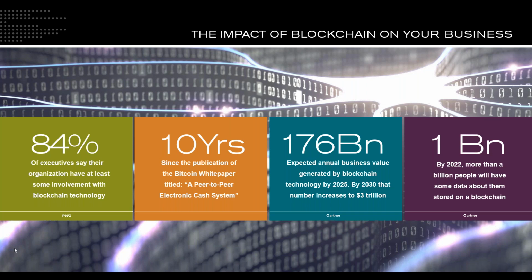I think the truth is people don't necessarily know at that level of detail, but what they do know and what we very much agree on is that this is going to be a very impactful new technology. And then the last number there is by 2022, more than 1 billion people are going to have some level of data about them that is stored on a blockchain. I think that's in fact a conservative one.